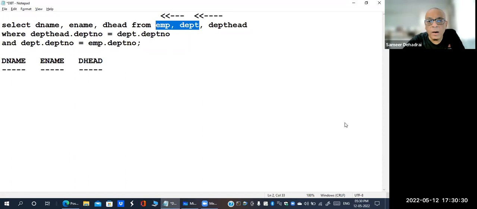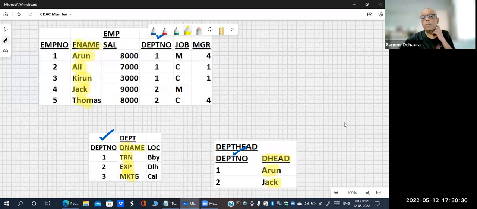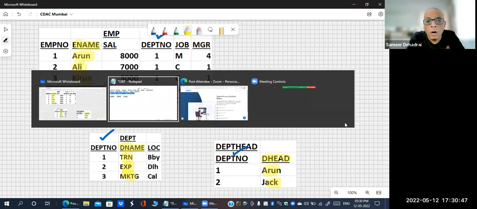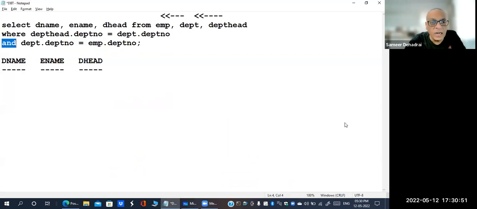EMP is the driven table, and this is my condition for it: department table, department number column equal to EMP table, department number column. Both conditions have to be satisfied. Logical AND is there.